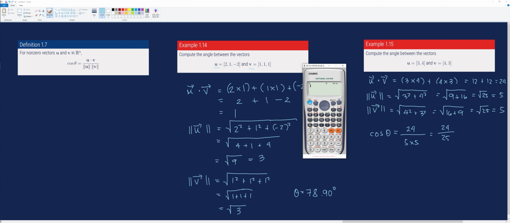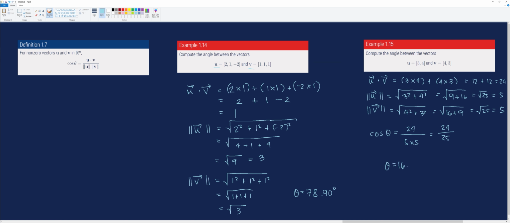So we press shift cosine, then we indicate the numerator, that is 24, and our denominator, that is 25. Therefore, the angle between the two vectors is around 16.26. Don't forget to write the unit measure.